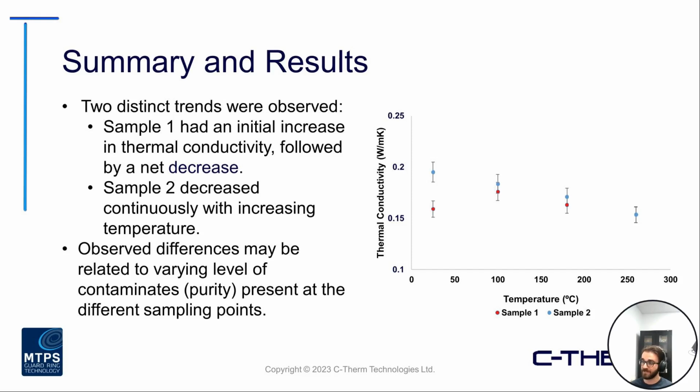Now, in a very simple analysis here, some of these differences that we're noticing, especially at the lower level, are that as these materials go through different temperature profiles, they may be experiencing differences related to potential contaminants, or effectively the purity of the sample as it's being sampled along the line.